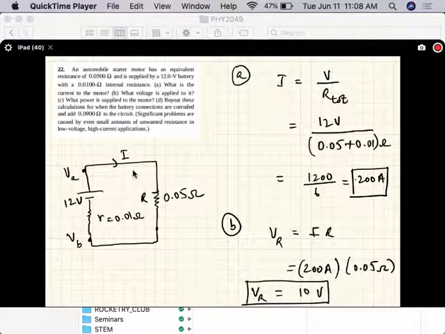So the starter motor is seeing 10 volts, not 12 volts. And what you have is a 2 volt drop across this.